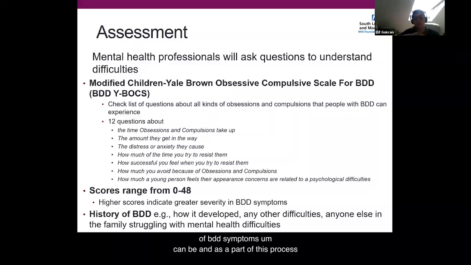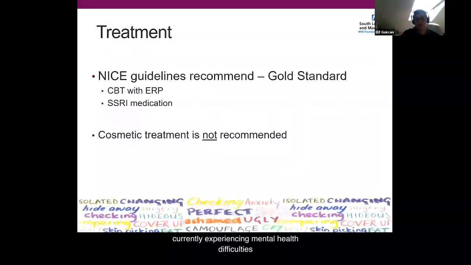As a part of this process, we'll also find out about the history of BDD, so how it developed and whether there are any other difficulties that it is helpful to hold in mind, and also thinking about any family members who might be in the past or currently experiencing mental health difficulties.